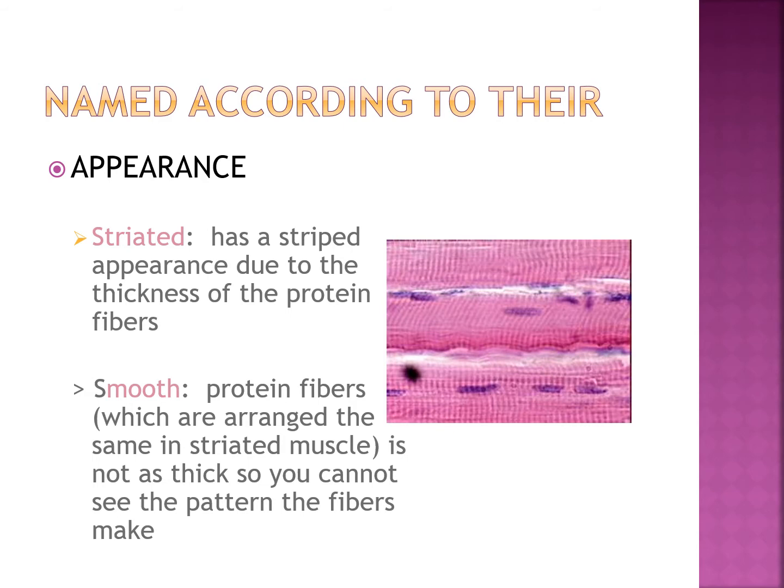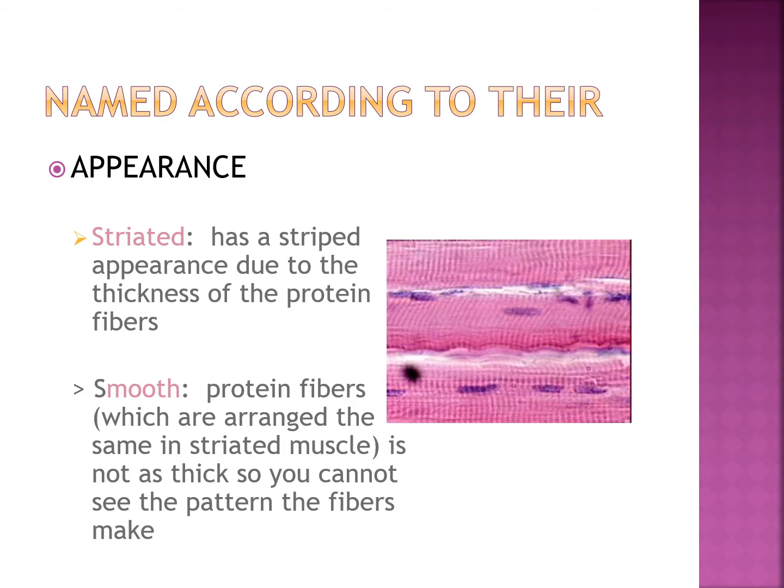It contains a thick protein called myosin, it contains a thin protein called actin, and they're attached to the sides by these things called Z-bands. Every muscle fiber has sarcomeres in it. They all have the same muscle arrangement, they all have the same proteins that make them up.